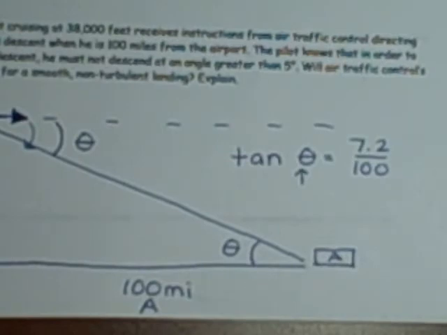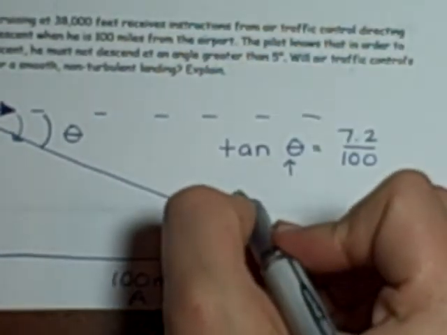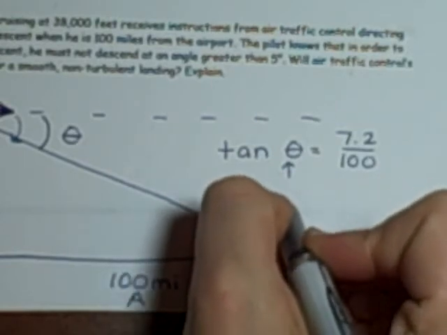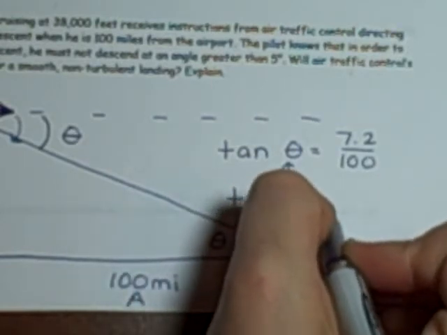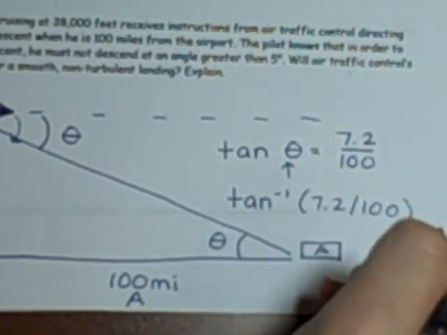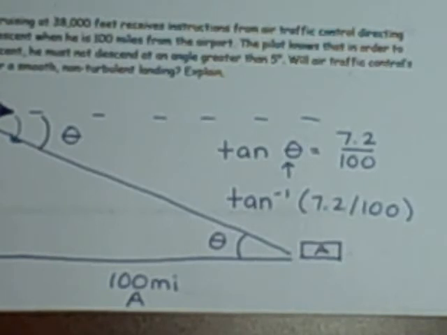Now, anytime you're solving for the angle, you're going to end up using an inverse trig ratio. So I'm going to do tan negative 1 of 7.2 over 100. And I can go into my calculator just like that. So in mine, just so you can see it, looks like this.